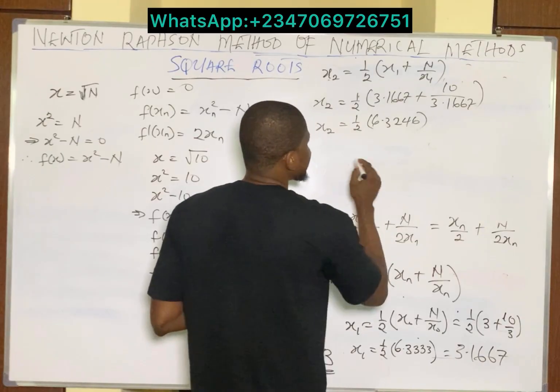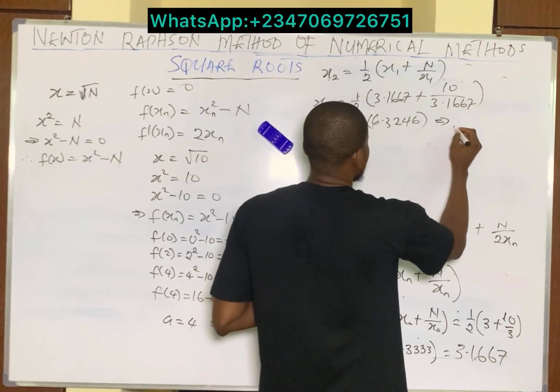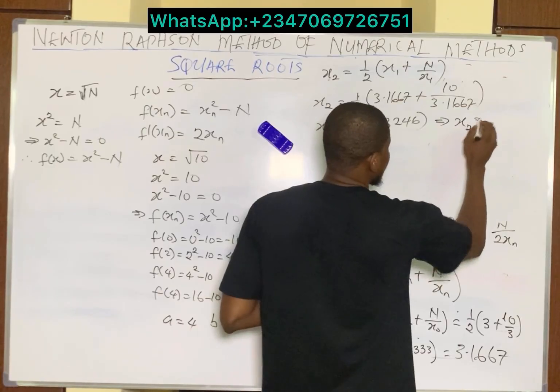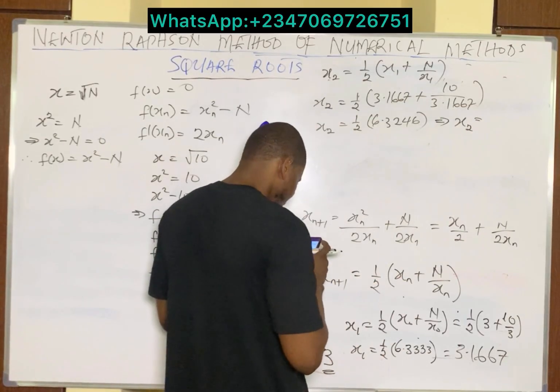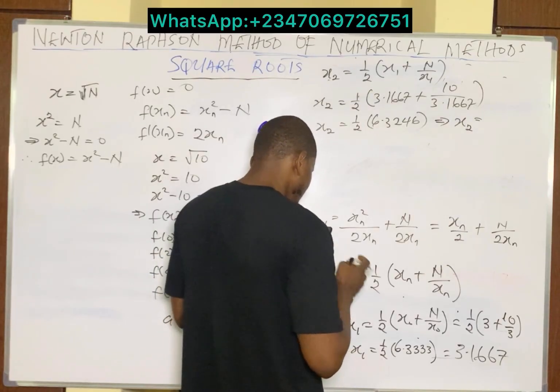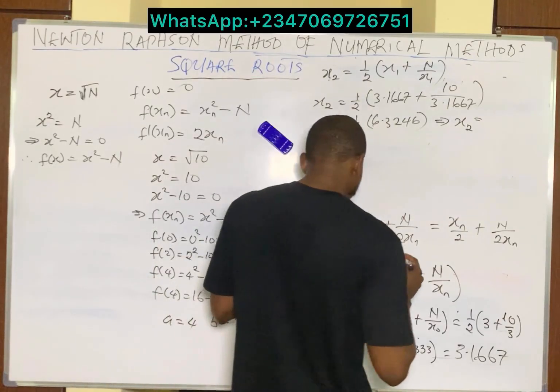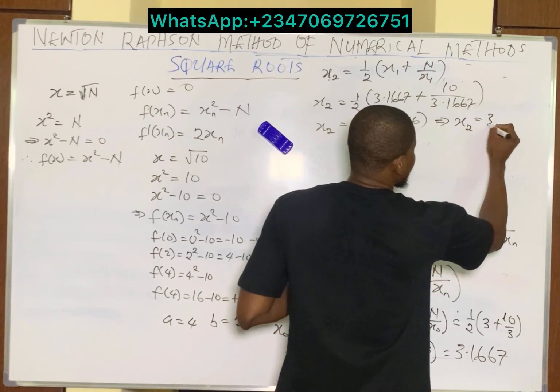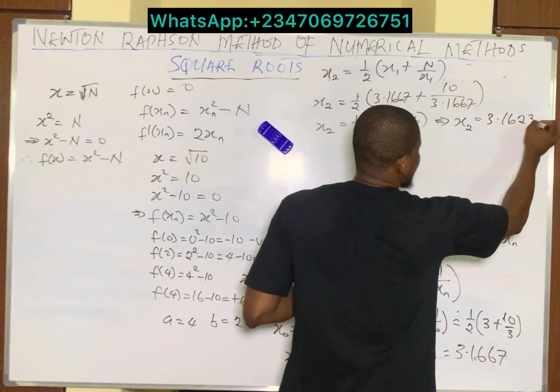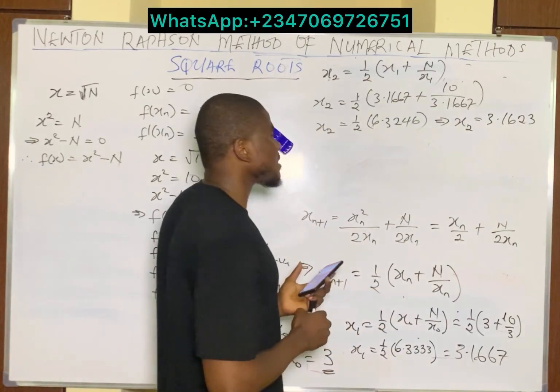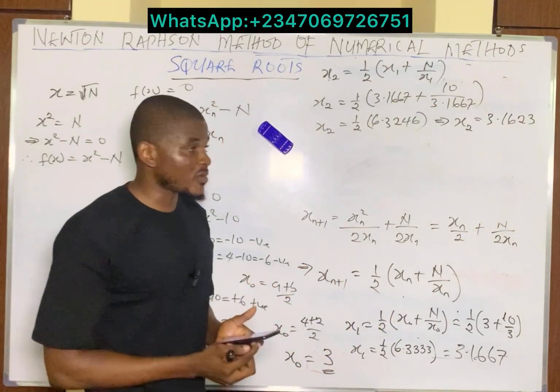If you multiply by 0.5, you're going to find the value of the second root, x2. Multiply this by 1 over 2, and that simply gives us 3.1623 approximately. So you see that correct to two decimal places, this root has actually converged.